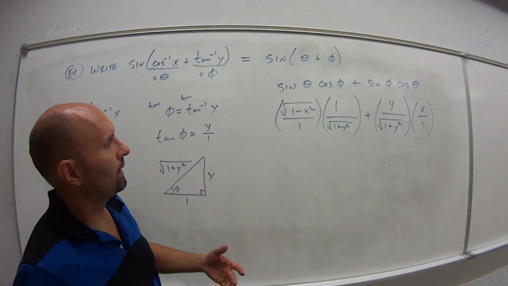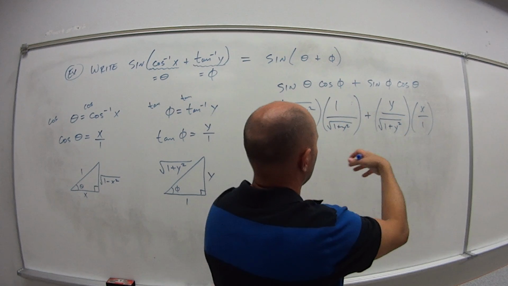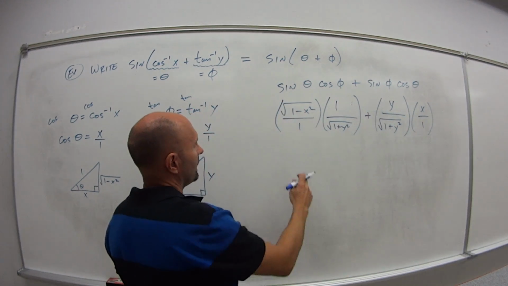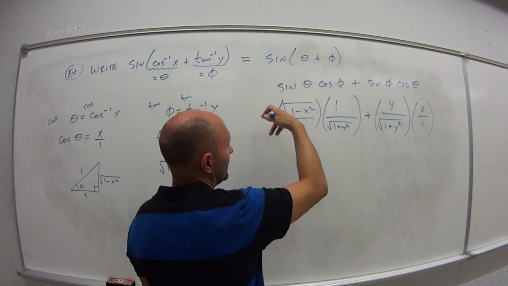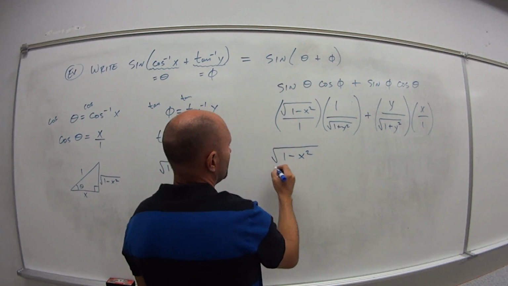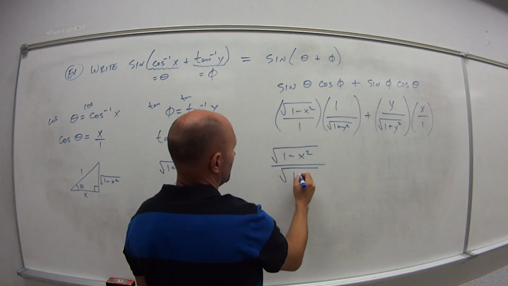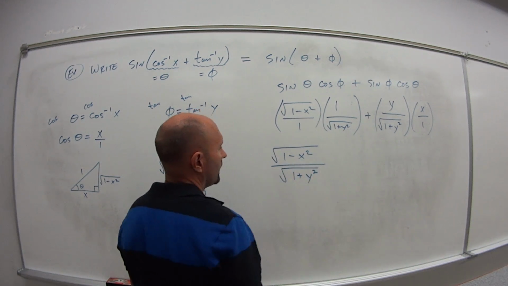So now at this point I need to simplify. I'm just going to multiply the first two terms, multiply the second two terms, and combine them if I can. So with the first two, what do I get? If I multiply numerators, I get square root of 1 minus x squared. Denominator is what? Square root of 1 plus y squared.